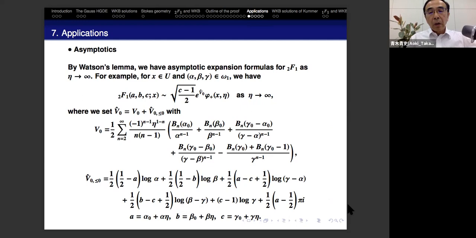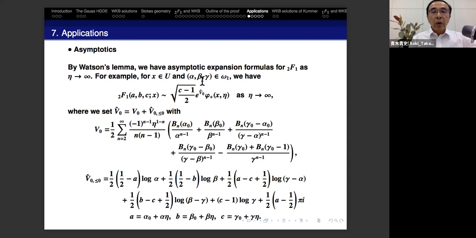Applications. By Watson's lemma, WKB solutions give an asymptotic expansion formula for the Borel sum when the large parameter tends to infinity.